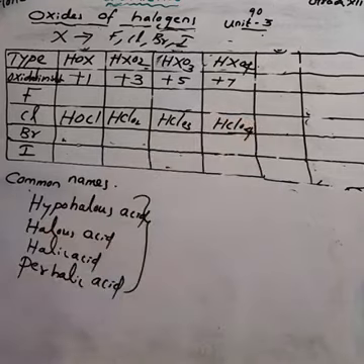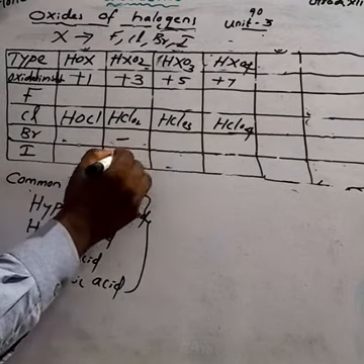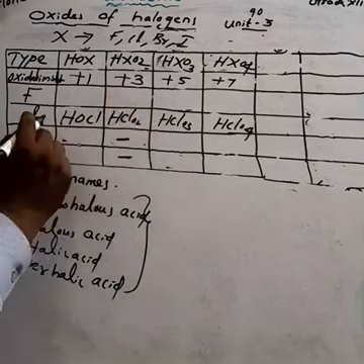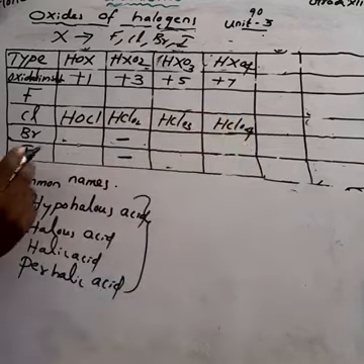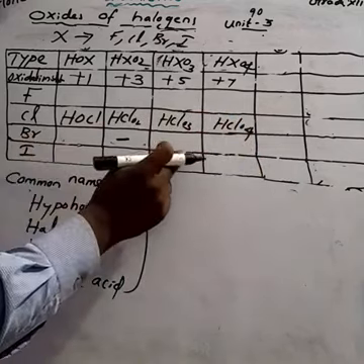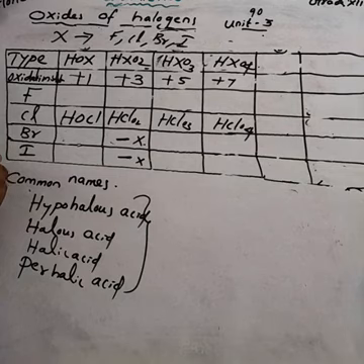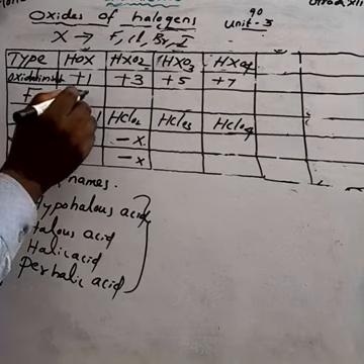Bromine and iodine form similar acids, except halous acid, which is only for chlorine. Fluorine can form only one acid, that is hypofluorous acid.